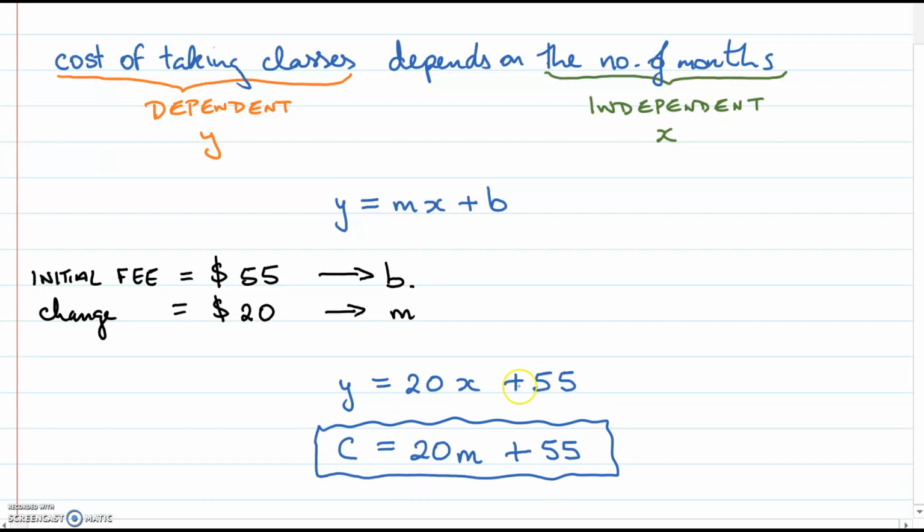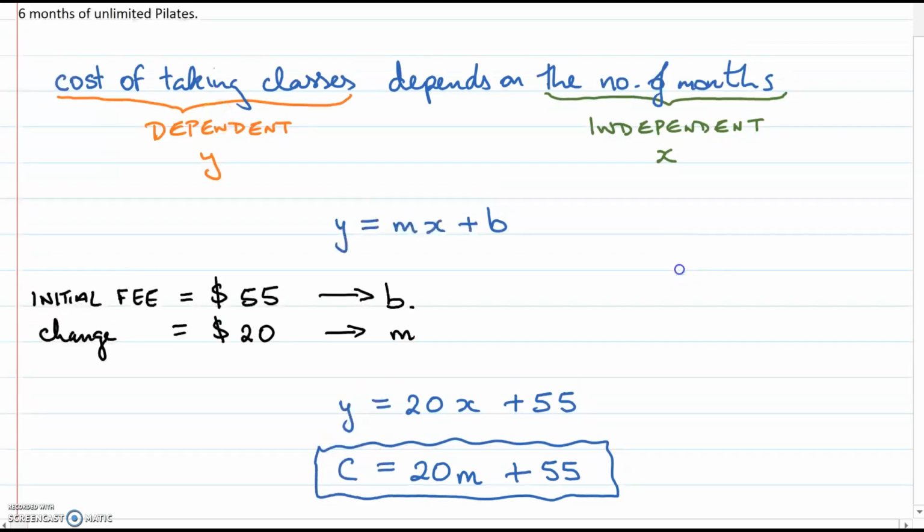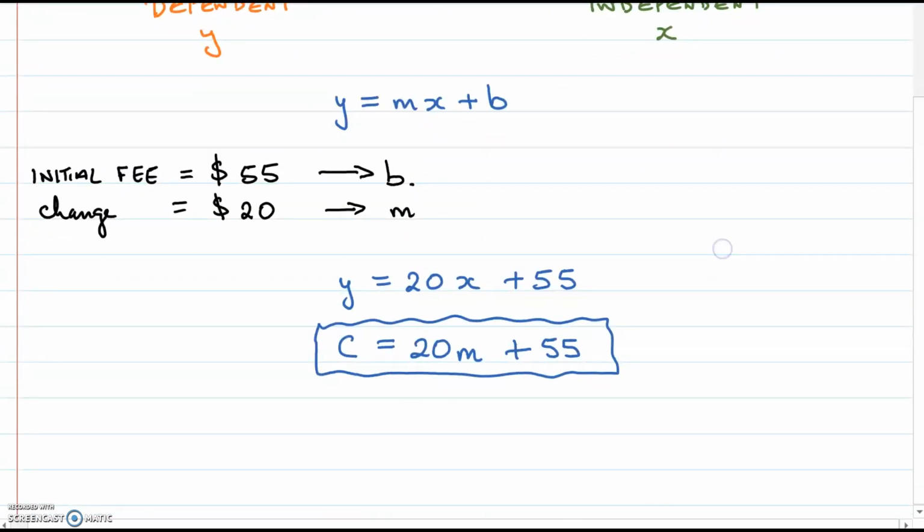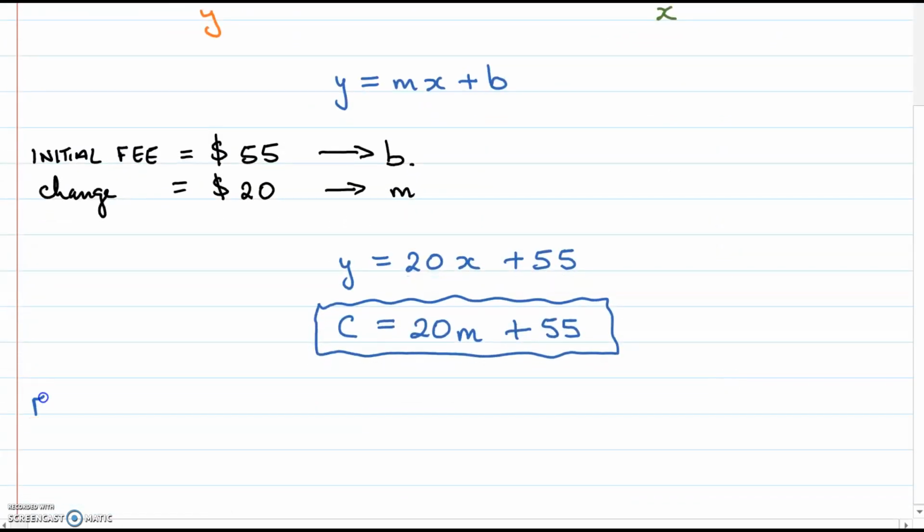And see, the letters don't matter. Y equals 20x plus 55 is fine, as long as you write down what y and x represent. Okay, now that was the equation, we were then asked to find the cost of 6 months. Okay, so for 6 months, the cost would be 20 times 6 plus 55.